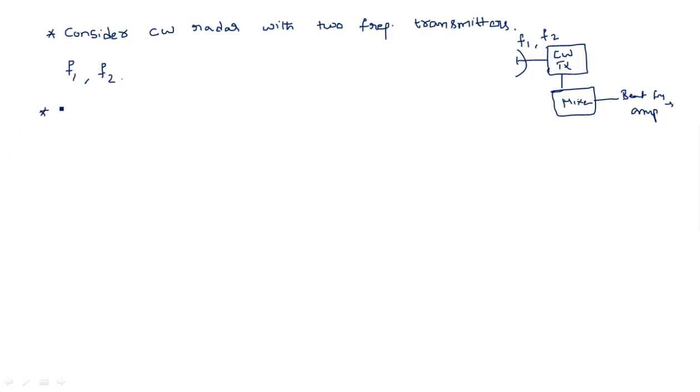So the transmitted signals are, let us consider, V1 is the first signal that we are transmitting. V1 is equal to V1 sine 2 pi f1t plus phi 1, where phi 1 is nothing but some arbitrary constant.